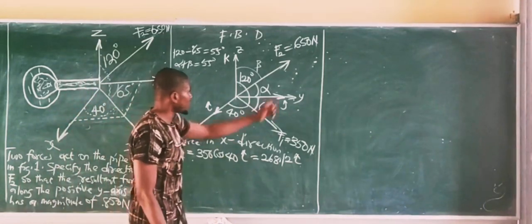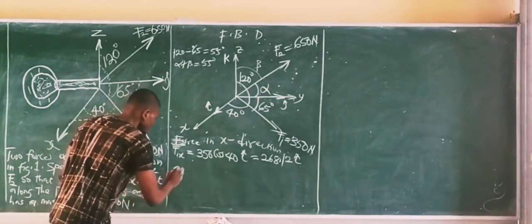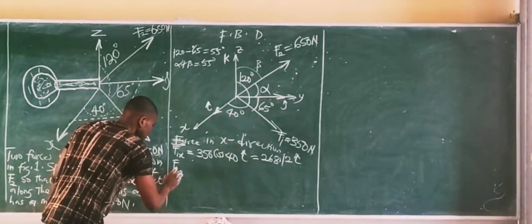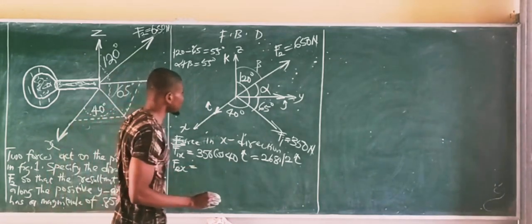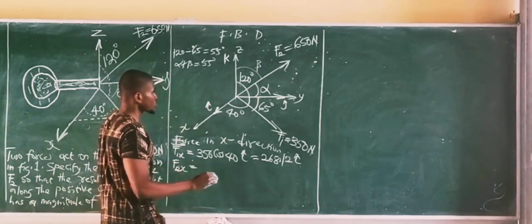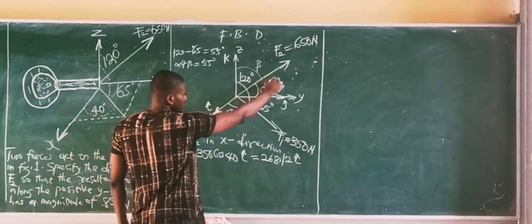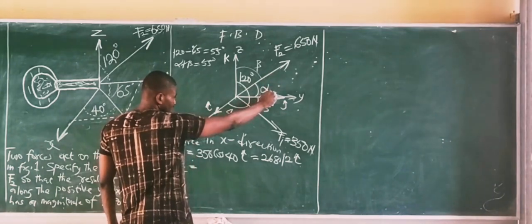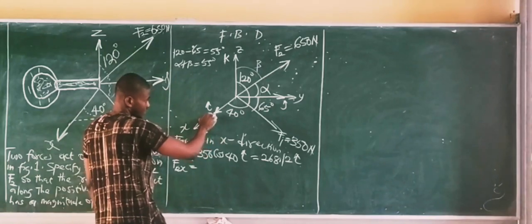Let's find F2 in the x direction. So F2x: we resolve F2 to meet the x line. Notice that F2 will move all the way from this point, covering this angle alpha plus 65 plus 40 to get to x.